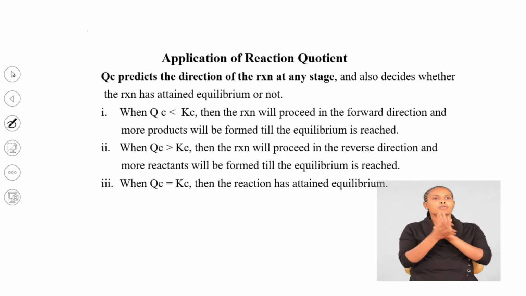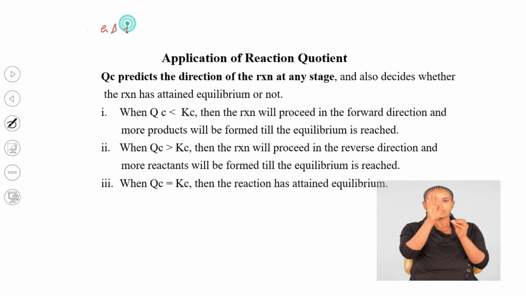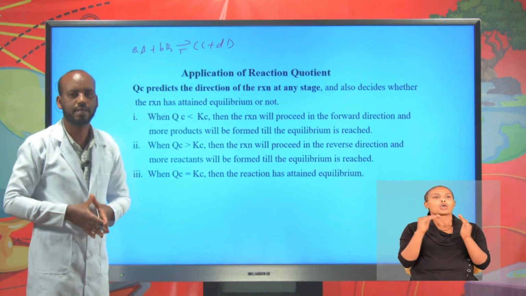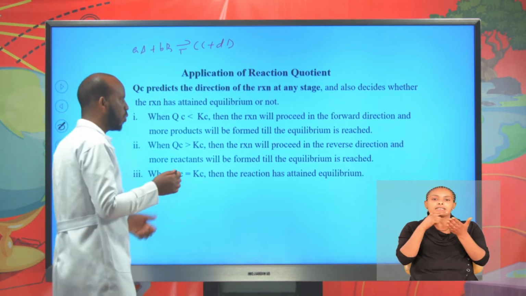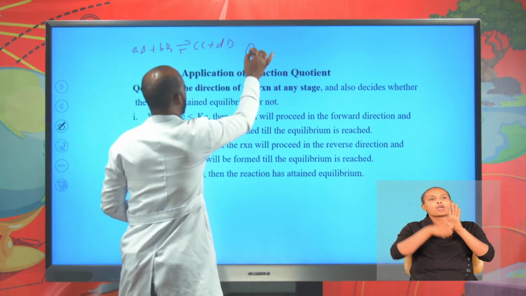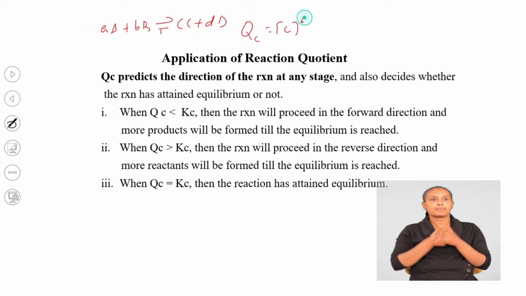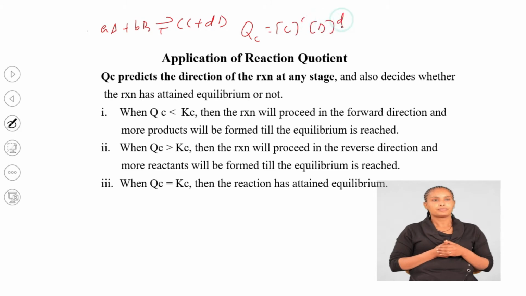Application of reaction quotient. Note that for the reaction aA plus bB to form cC plus dD, which is an equilibrium reaction, the reaction quotient, denoted by the symbol Qc, equals the concentration of C to the power of c times the concentration of D to the power of d, divided by the concentration of A to the power of a times the concentration of B to the power of b.